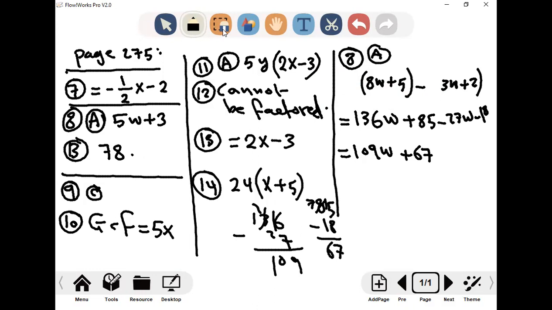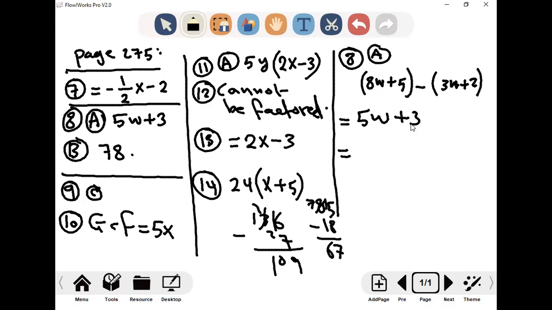Just I got a mistake here. They don't want the difference of money. See, you need to read the question. They want the difference only between the numbers sold, right? So here, just subtract normally. 8W minus 3W, 5W, 5 minus 2, 3. This is part A, right?